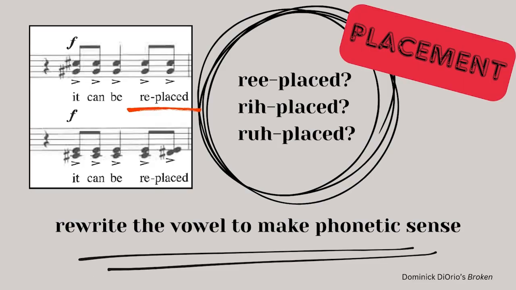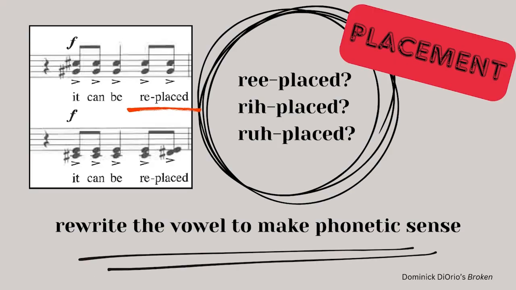I sound like the old McDonald's song or something, and my dog is even not happy with those sounds. But how they pronounce the vowel will determine where the sound is placed. It can be "replaced," or "replaced," or "replaced." So you, as the director, have to decide which one of those you would prefer.